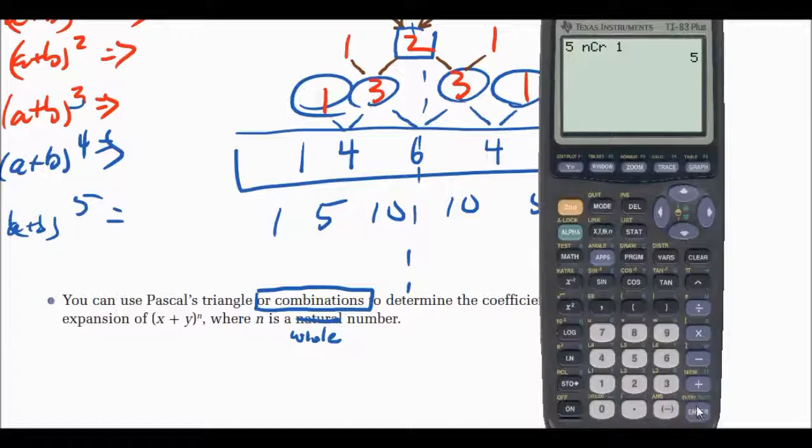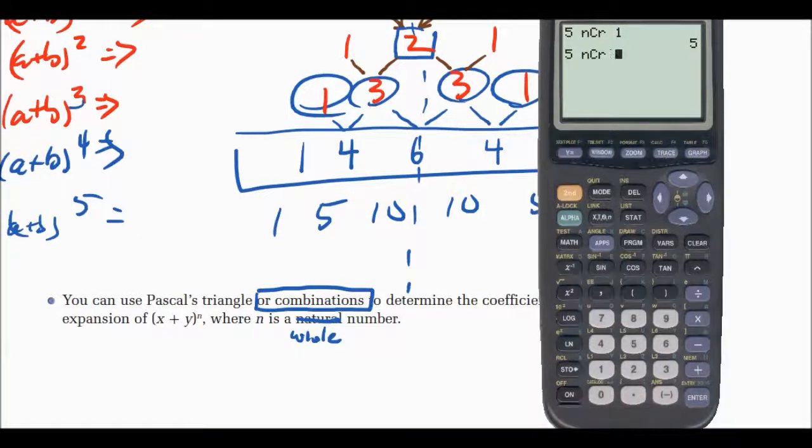Okay? What's 5 choose 0? It is 1. Okay, good. You guys are faster than me. So we got 5 choose 0 is 1, 5 choose 1 is 5.